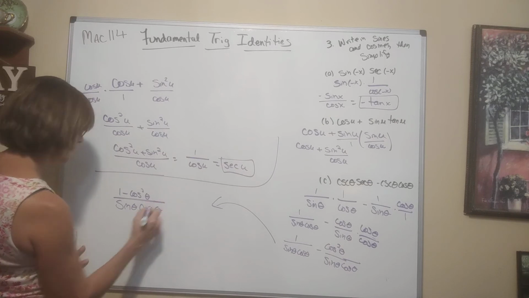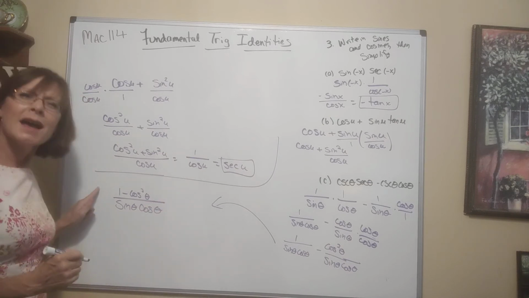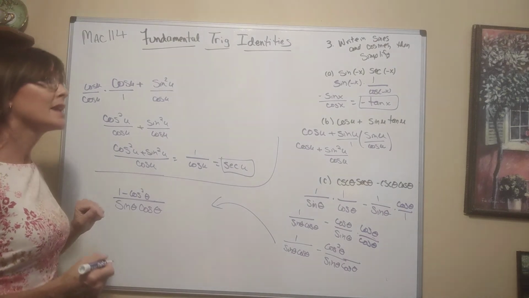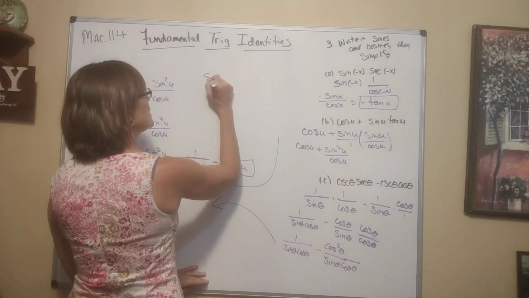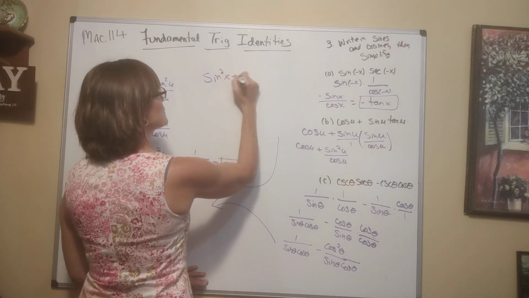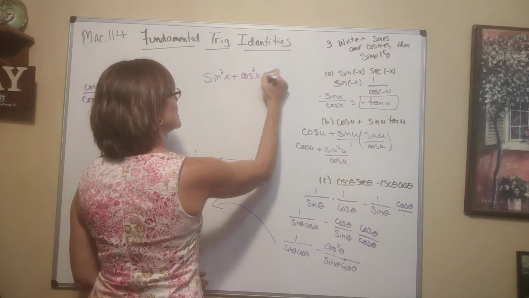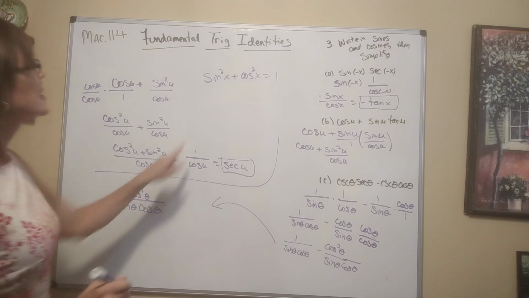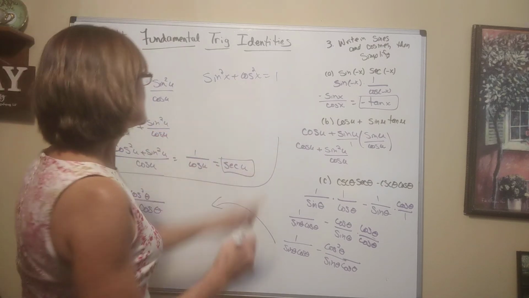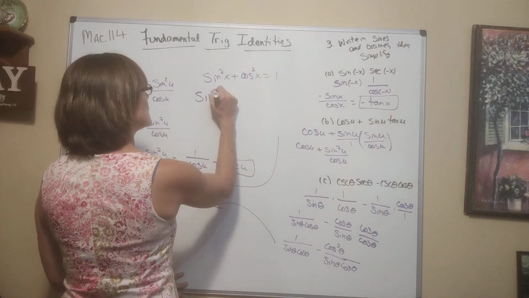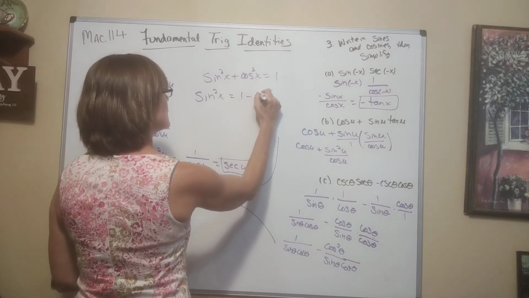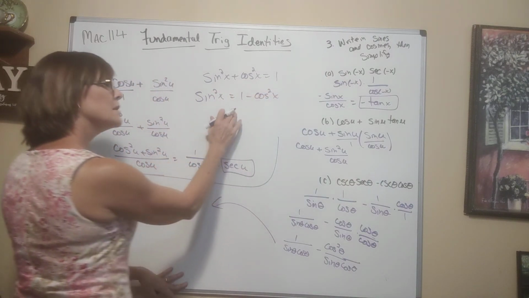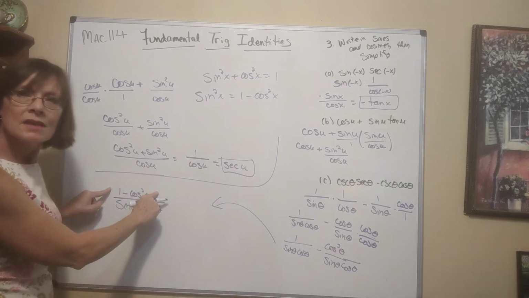All right. This looks like maybe I can do something with it, and I can. Remember this guy? Sine squared of x plus cosine squared of x is 1. What is 1 minus cosine squared? If I subtract cosine squared from both sides of this, I get this. And so this is another way of saying the sine squared of something.